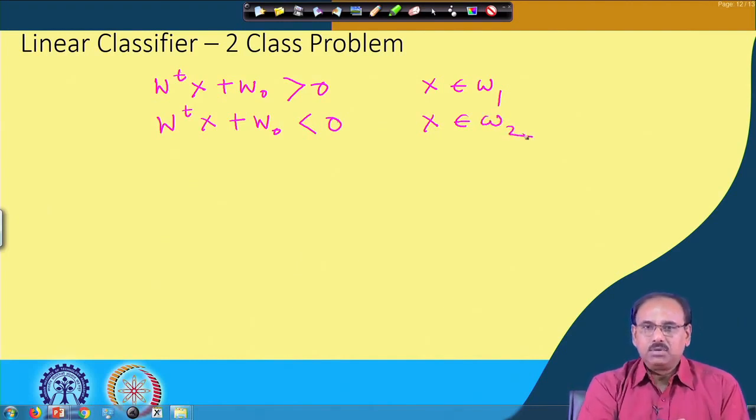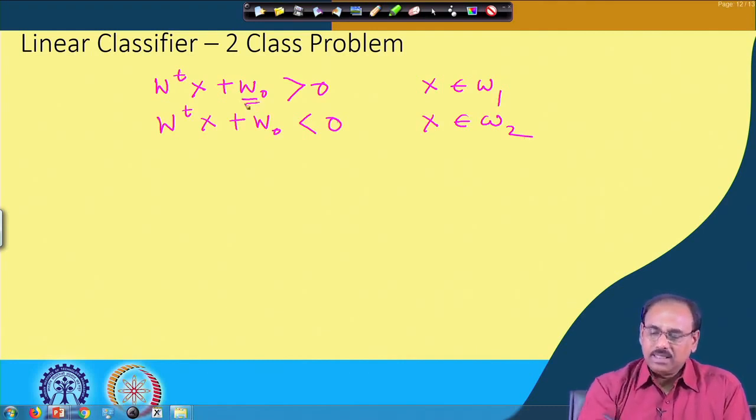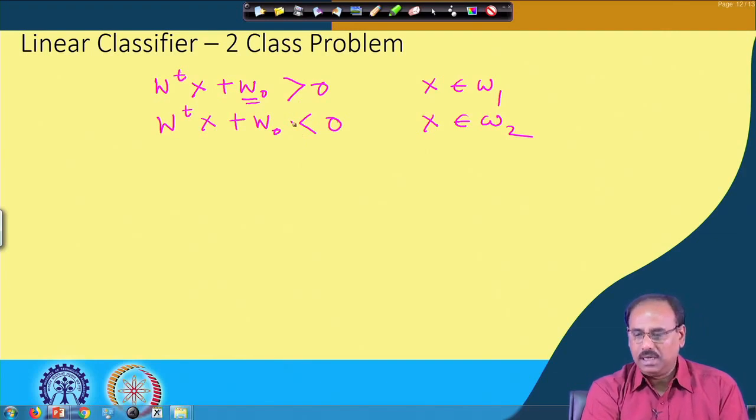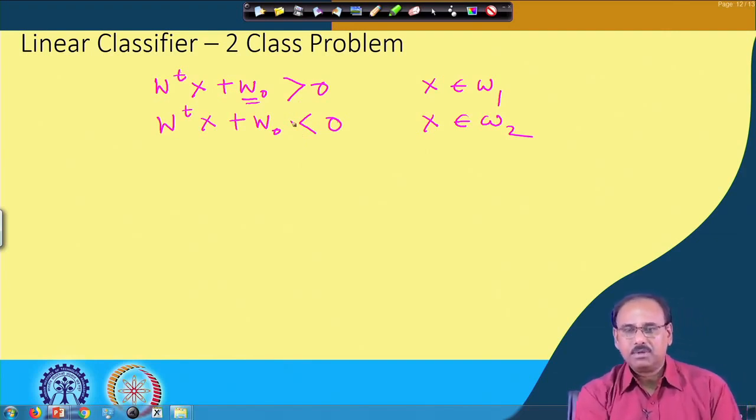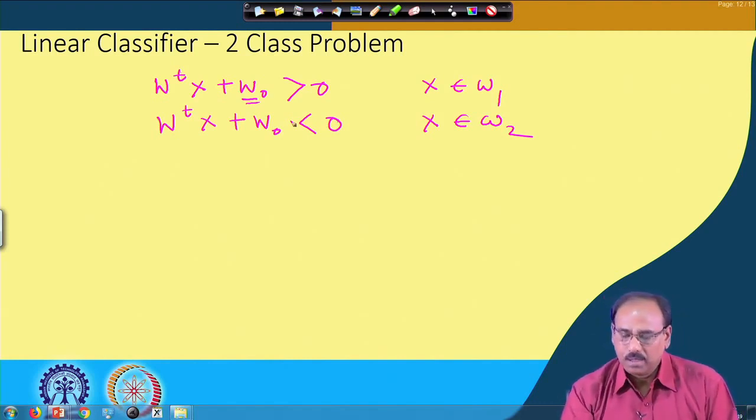So, whichever weight vector w and bias term w naught I choose, must satisfy these inequalities for the samples taken from class omega 1 and class omega 2.